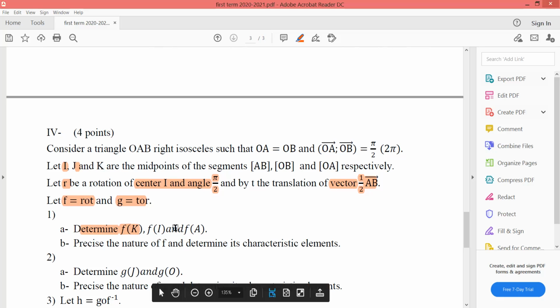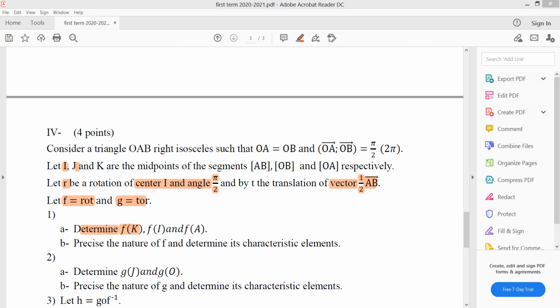Okay, determine f of k. f is R round T, so first I have to find the translation of k by half AB.